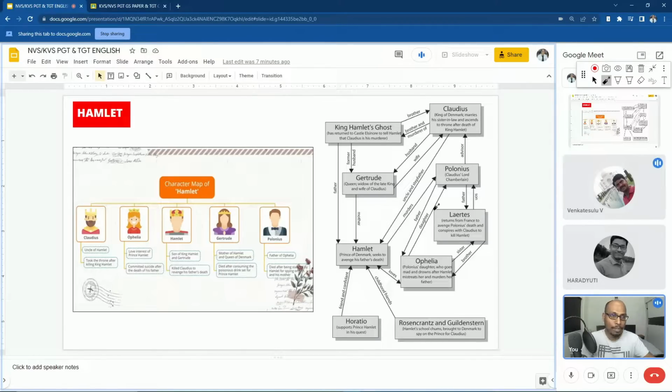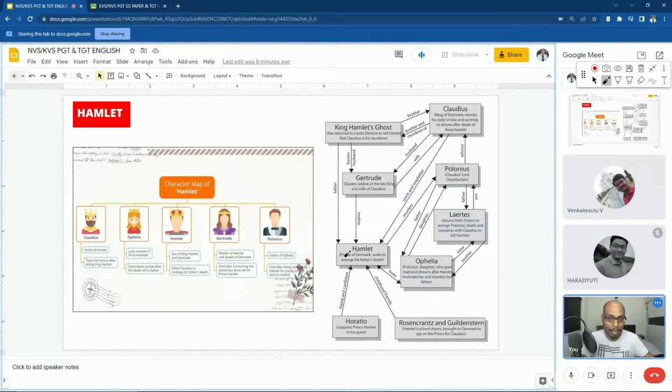In Act 1, when Hamlet's best friend Horatio was doing the night duty or security duty, guards came and told him about the appearance of a ghostly figure, and they suspected that it was Hamlet's ghost. When this information reached Horatio, he sent the information to Prince Hamlet.